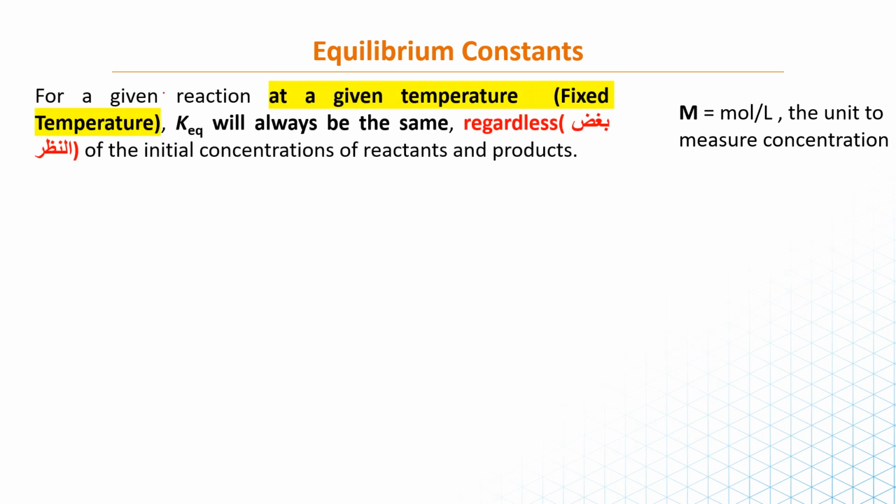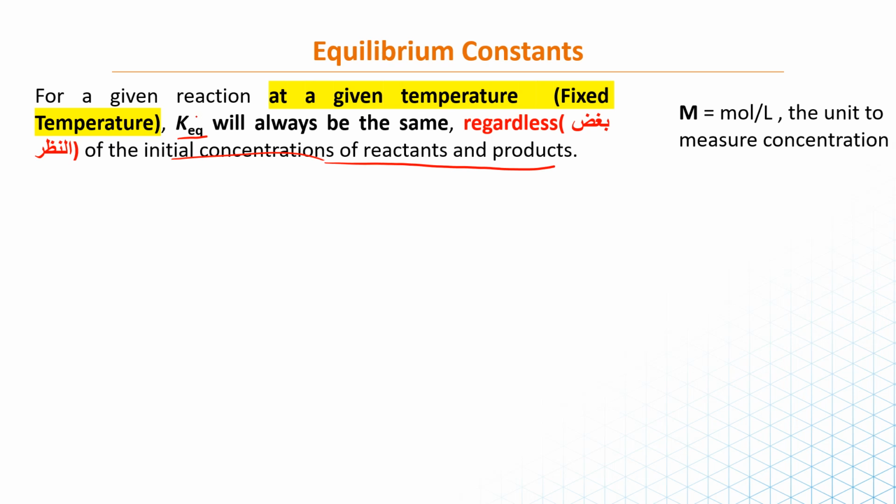And this is very important, guys. For any given reaction at a given temperature, meaning a fixed temperature, K equilibrium will always be the same regardless of the initial concentrations of the reactants and products.